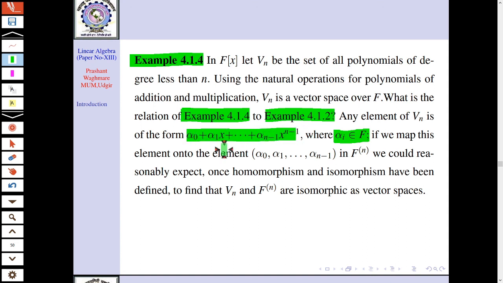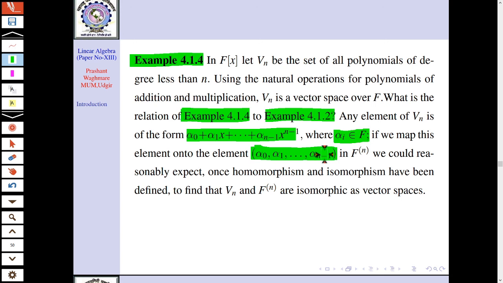But as the degree of the polynomial is strictly less than n, how many coefficients will there be? There will be n coefficients like this. That means for each polynomial I will get an ordered n-tuple of this form.